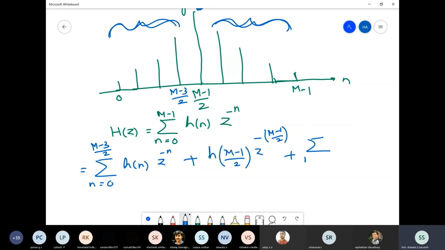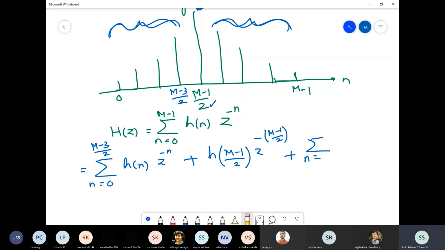So summation n from, so this sample is what I have to write now. So how do you obtain the index of this sample? M minus 1 by 2, because this is the reference for us, m minus 1 by 2 plus 1, isn't it? Because it is one sample later. So what will be that value? M plus 1 whole divided by 2, isn't it?